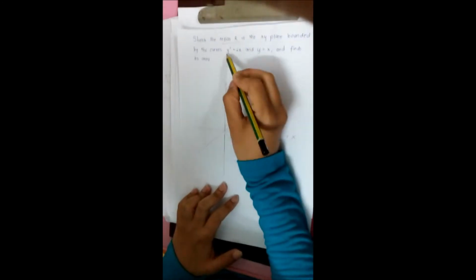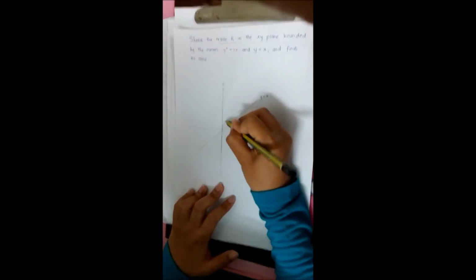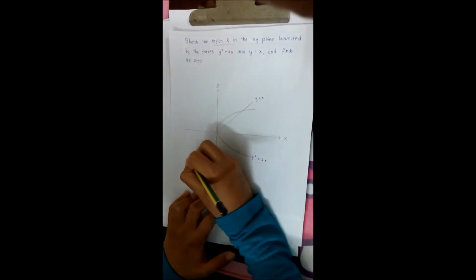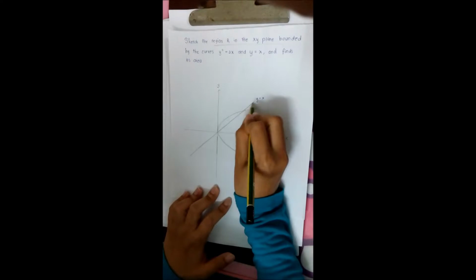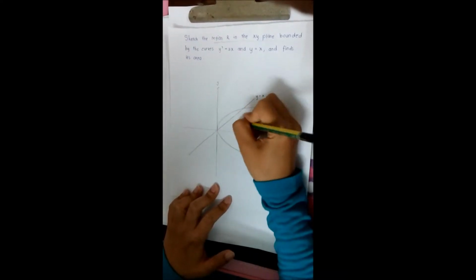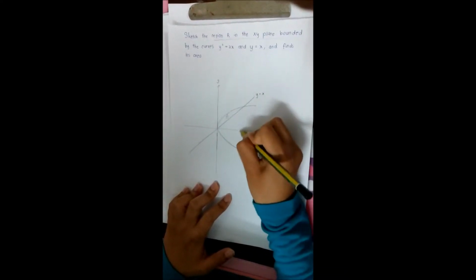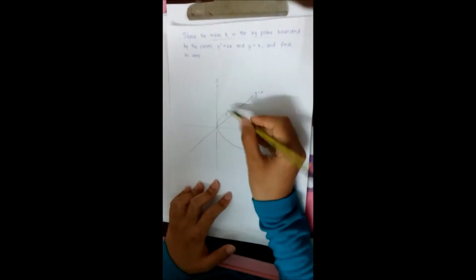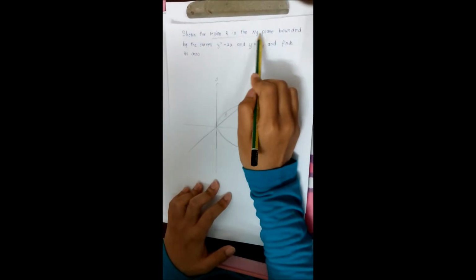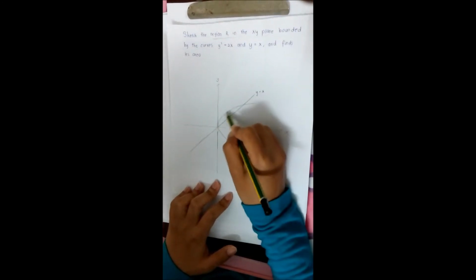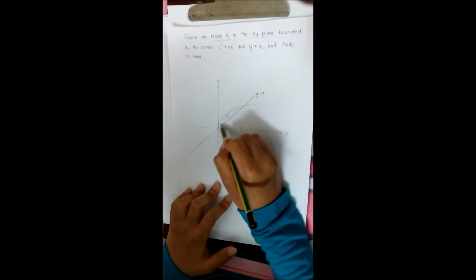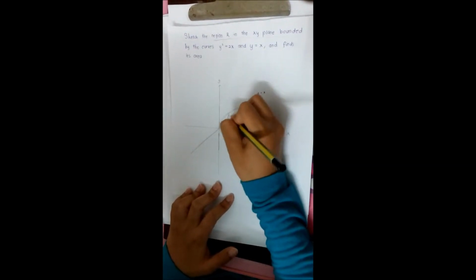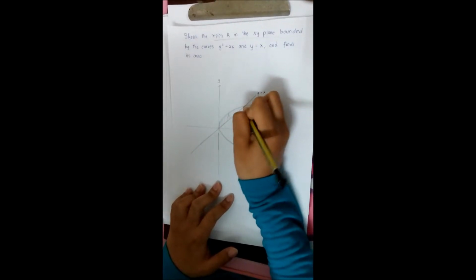We mark y squared equals 2x here, and also y equals x here. Between the intersections, there will be the area of E or the area of B, and we must choose one for the region R. Since the region is bounded, we have to choose the area that is closed, not the open one. So we choose the area of E to be the region R.